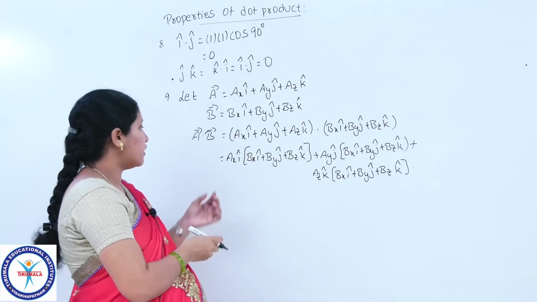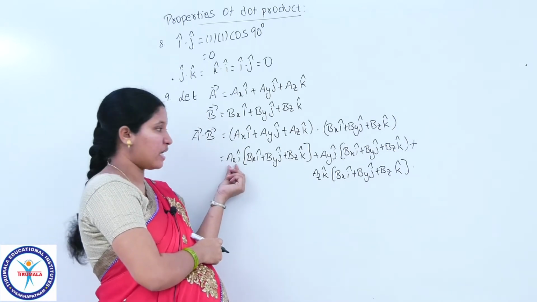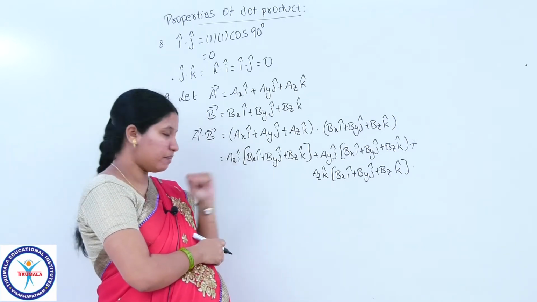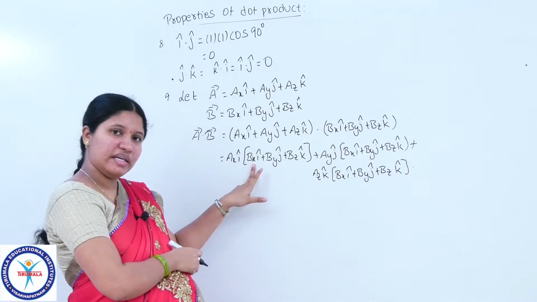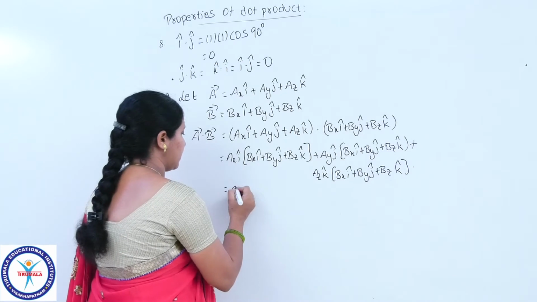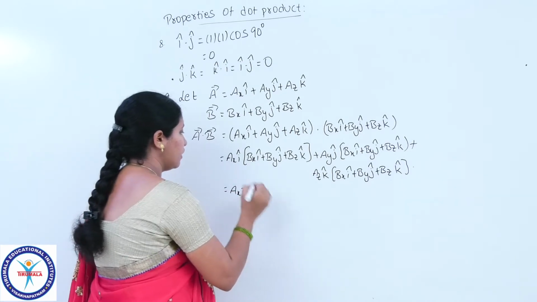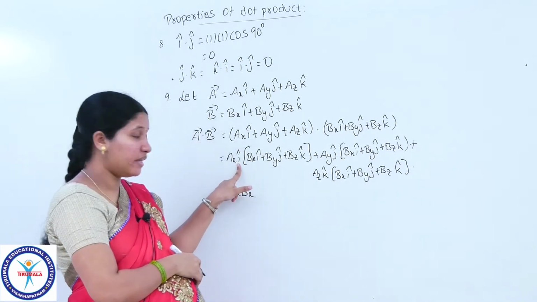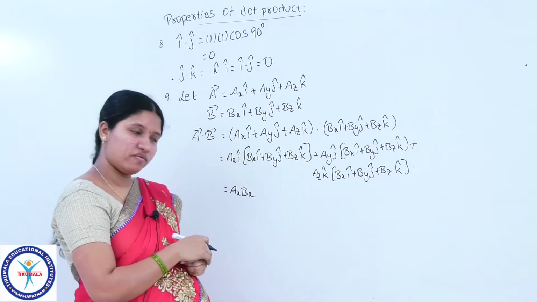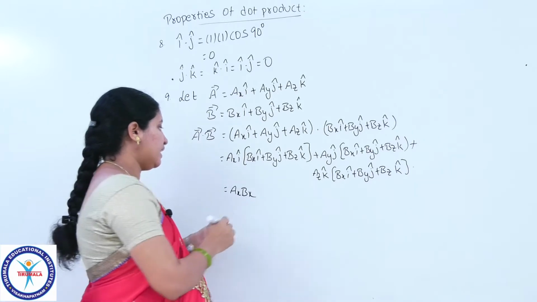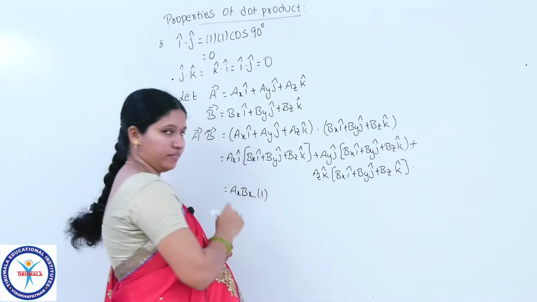Let us distribute the term ax i cap to the terms present inside the bracket. Now ax into bx, and let us multiply the unit vectors. i dot i is equal to 1, hence we get ax into bx into 1.